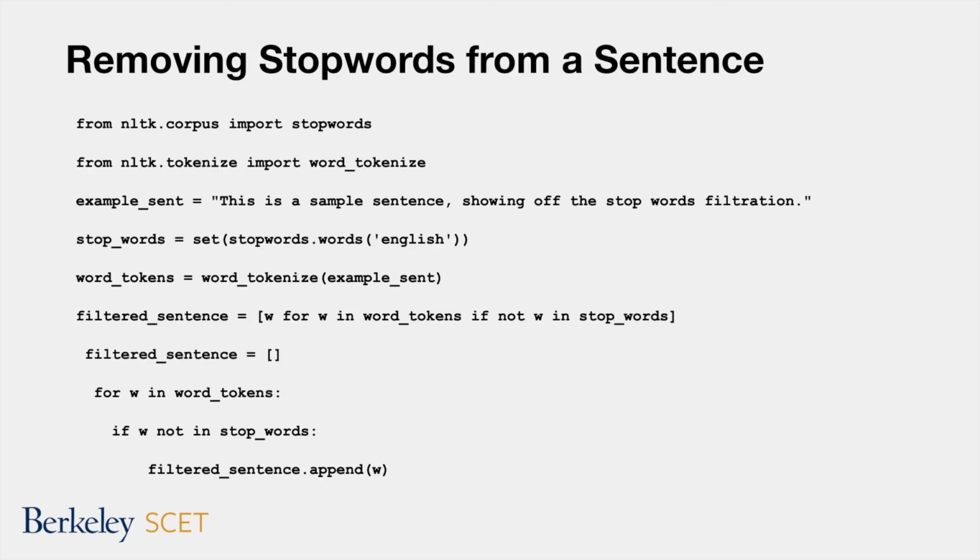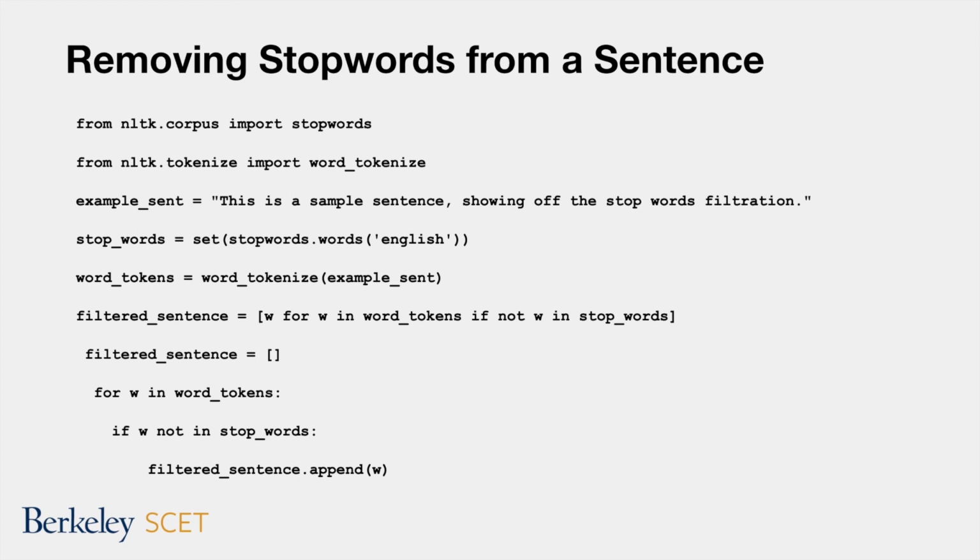The process of removing stop words from a sentence is first you import stop words, which is essentially a list of stop words, so a list of a, the, you, and whatnot. Then from nltk.tokenize, you import word_tokenize, which is a function that tokenizes a sentence. For example, if you have the sentence "this is a sample sentence", you would assign stop_words to your language, because stop words has a lot of different languages.